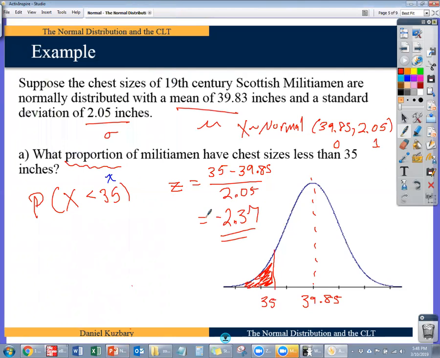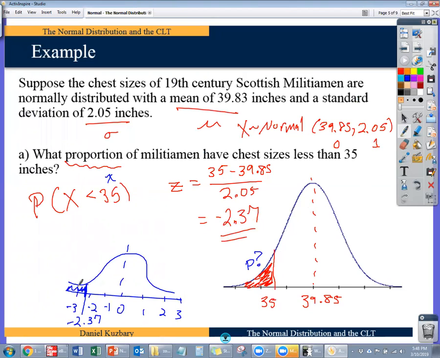That's my z-score. What this means is where 35 lands on this distribution, it's going to correspond with negative 2.37 on a standard normal distribution. If you allow me to draw that real quick, if this is a standard normal where the mean is 0 and you go up to 1, 2, 3, and down to negative 1, negative 2, negative 3, then this proportion here is going to be exactly equal to the number I get when I find the area less than negative 2.37.